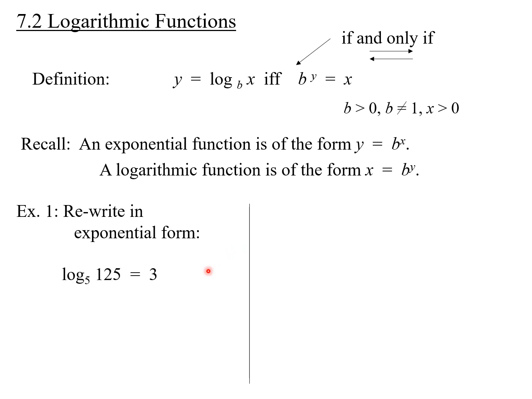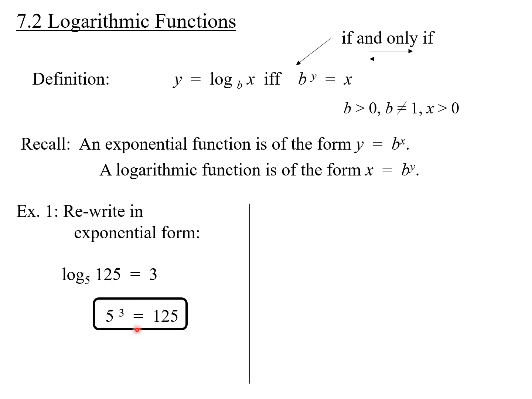Let's rewrite this in exponential form. Now, keep one eye on this statement up here. If we go up in this general thing, b is the base, so 5 is the base, the y is the 3, and then the x is the 125.